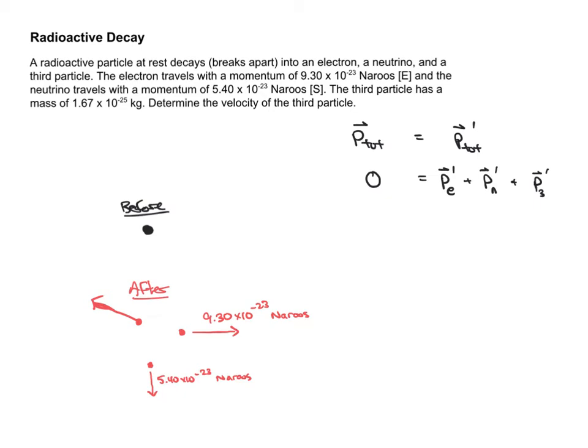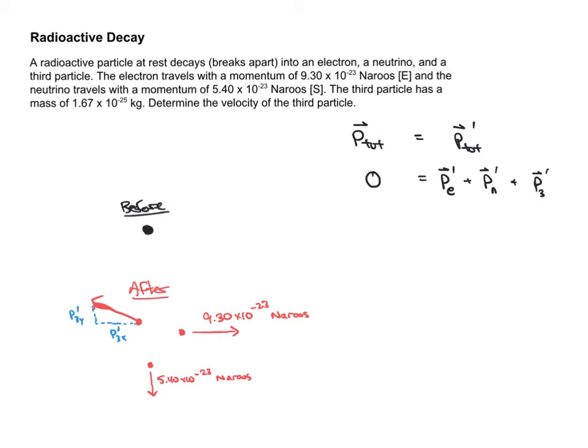So one way to do it is to analyze individual components, x and y. The way I see it, it might not actually be too complicated. Let me draw the components in for this third one. So I'll call this P3x and P3y.